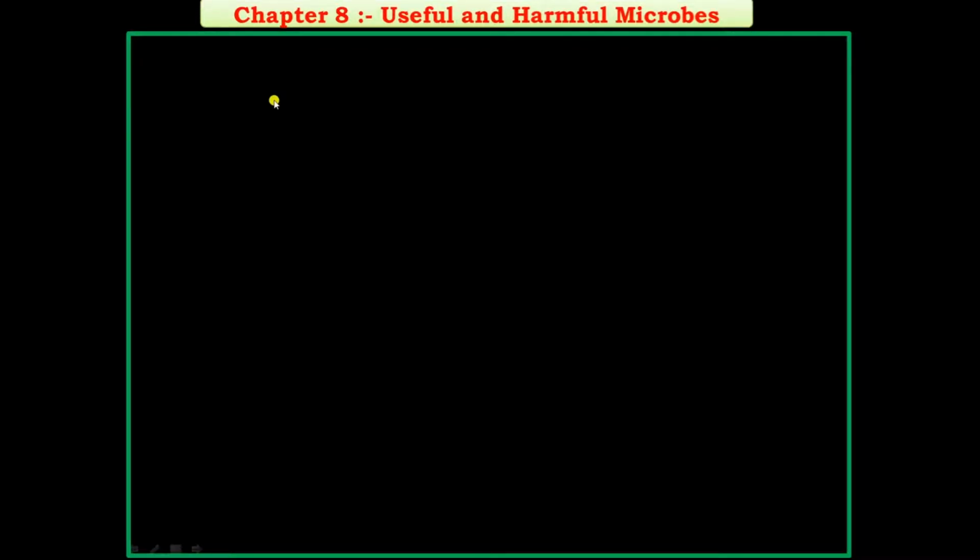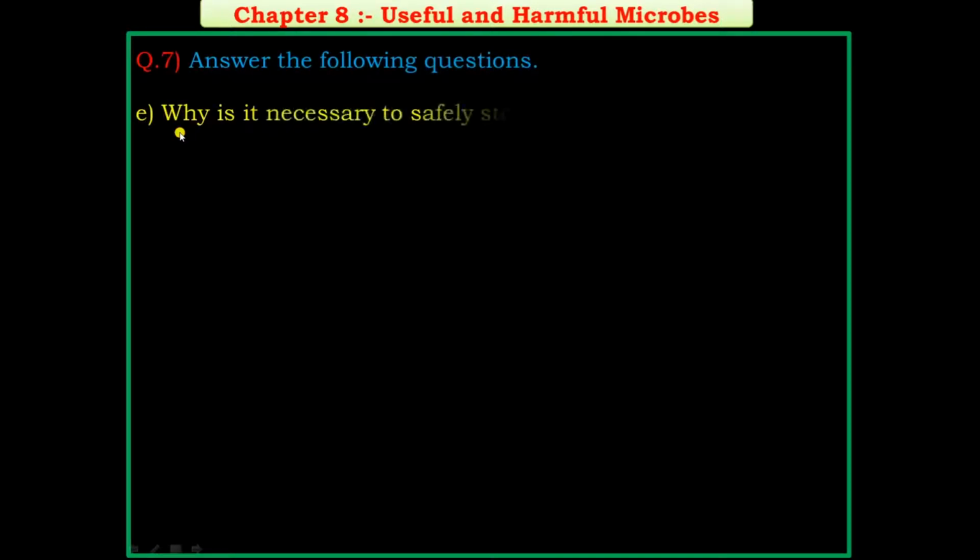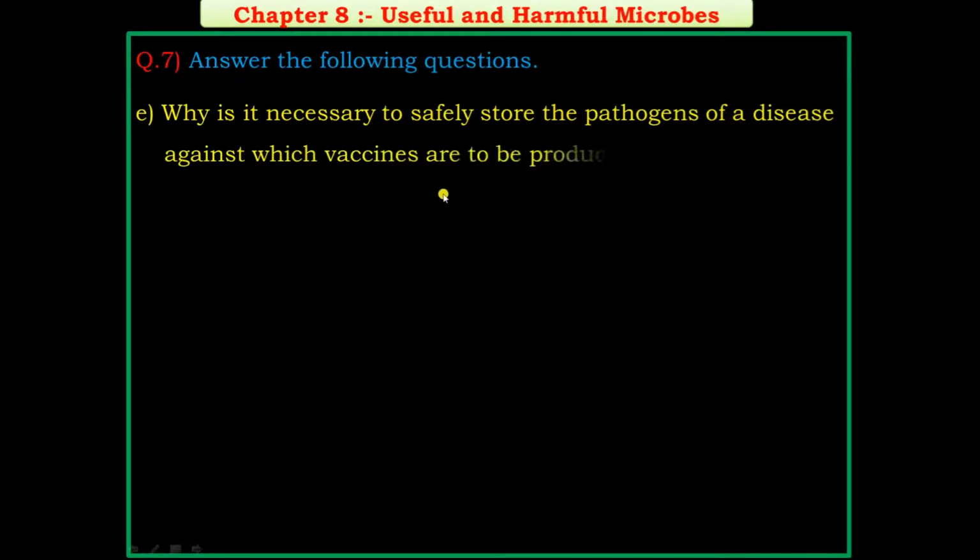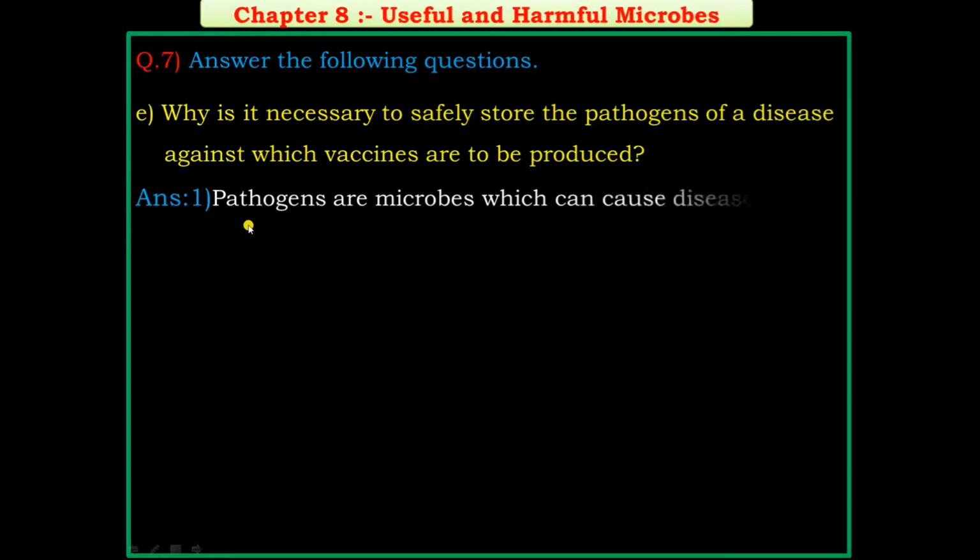Next question of question number 7. Why is it necessary to safely store the pathogen of the disease against which vaccines are to be produced? And the answer is point number 1.